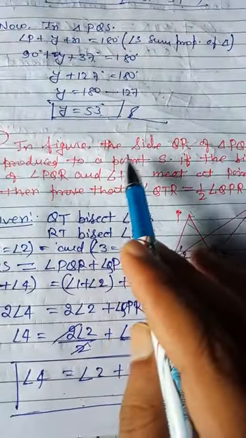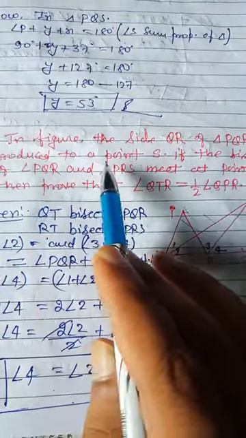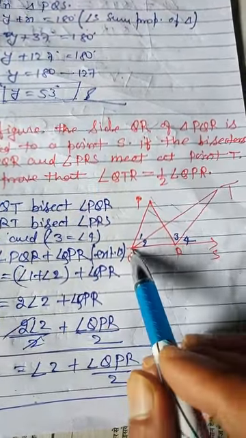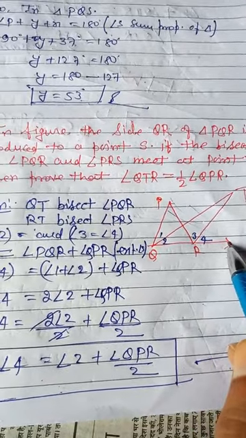And the last question of this exercise is, in the figure the side QR of triangle PQR is produced to a point S. QR की एक side को कहाँ तक produce किया गया? S तक.